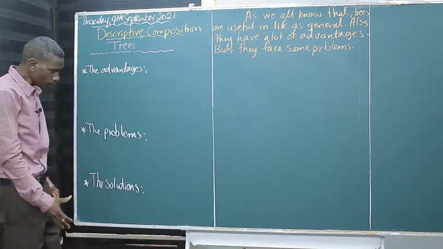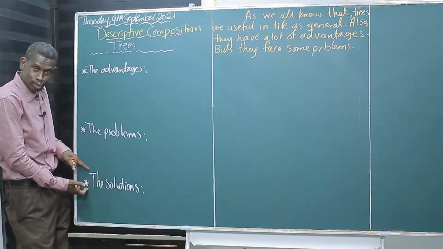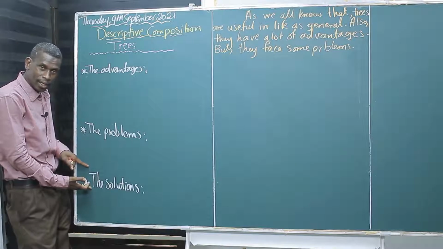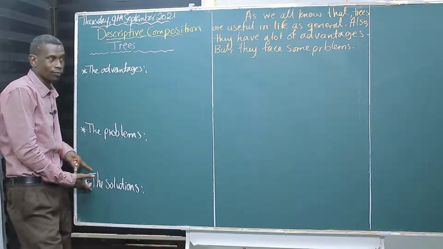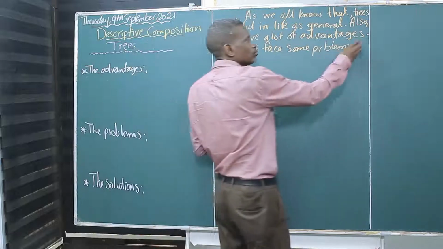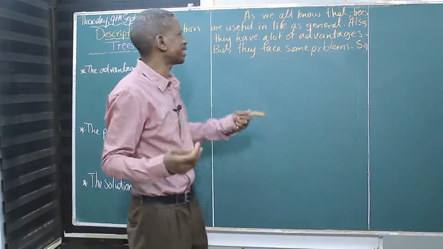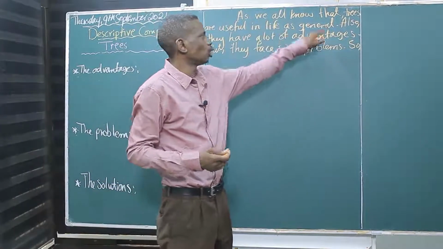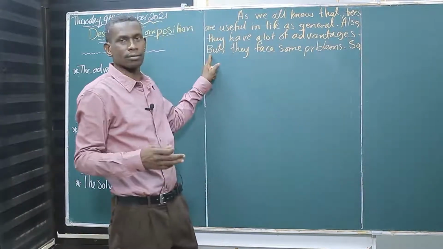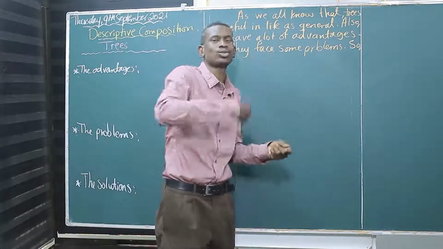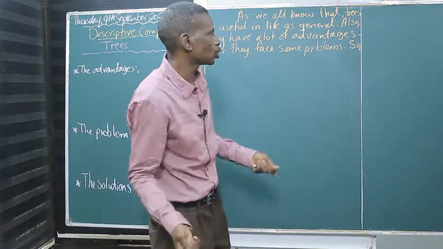In the third sentence, I'm going to suggest how these problems can be solved. I always tend to start any sentence with a keyword. Keywords like what? Like as we all know, also, but, so, moreover, furthermore, above all, in addition to that, additionally, and so forth.